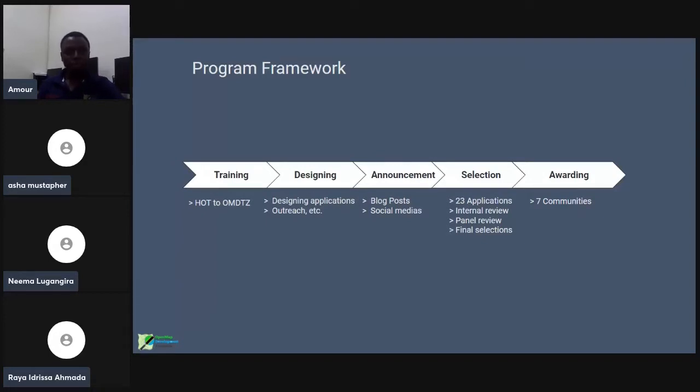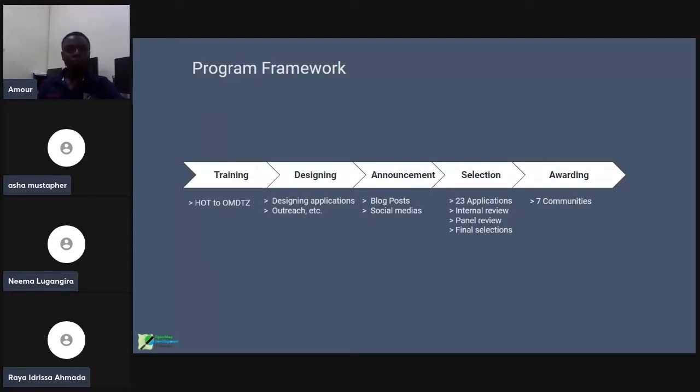So we started designing the applications, how the applications will be, and also how the outreach program will be, and so forth. Thanks to HOT, they also supported us in designing our project. After that, the announcement was done, and after the announcement, we started receiving different applications.